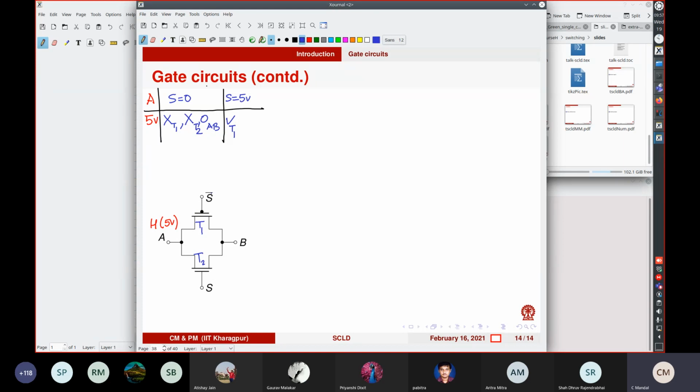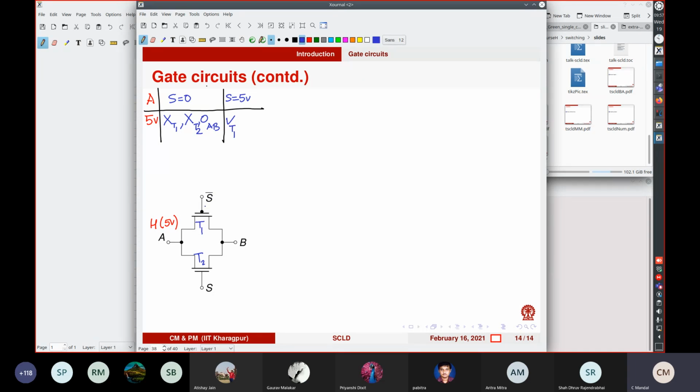So as you can see, the PMOS is transmitting. The PMOS is good at transmitting a high value. See, when this is 0, it is an open circuit. But when this is high, of course, S bar is low.